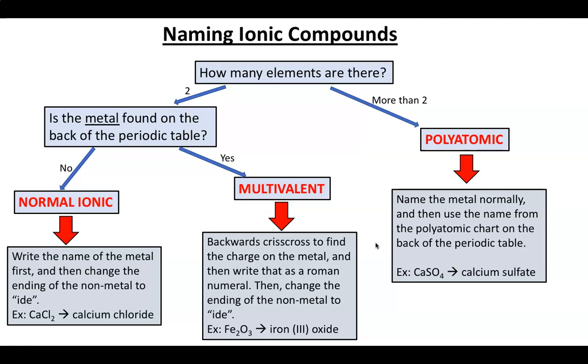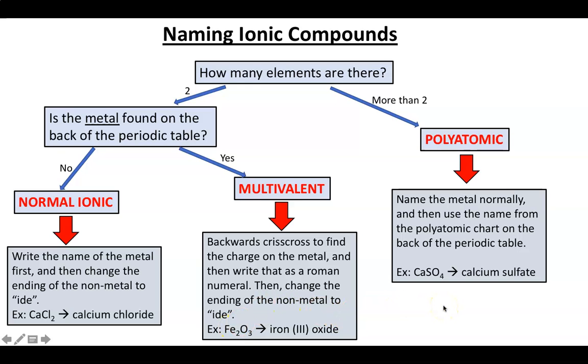The second part is the same as normal: we change the ending of the non-metal to "ide." For example, if we have Fe2O3, we backwards crisscross, so this 3 would come up here to the iron, and this 2 would go over as a -2 on the oxygen. So this would be iron(III) oxide, and that 3 represents that the charge on our iron is +3.